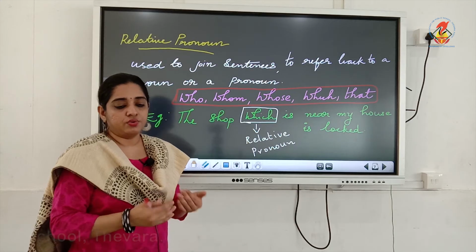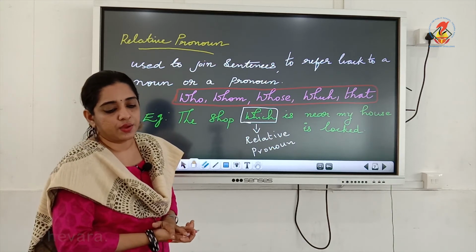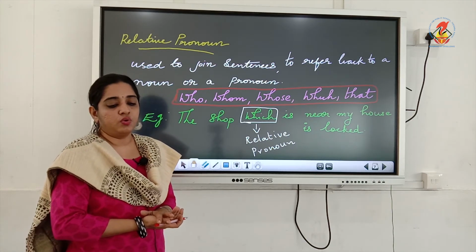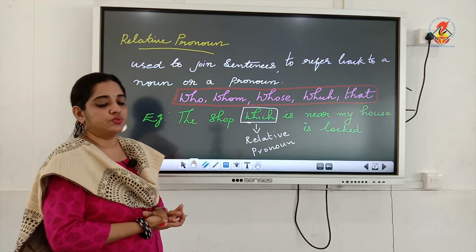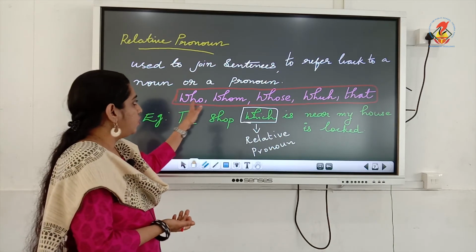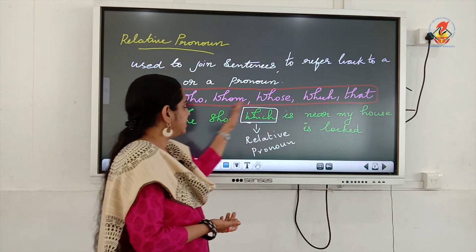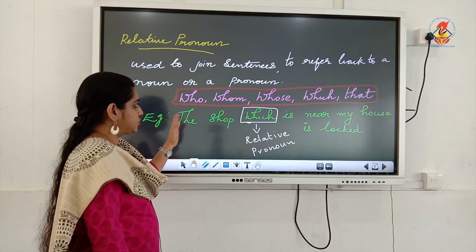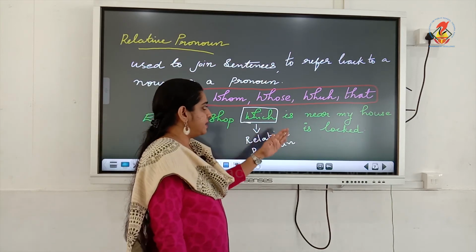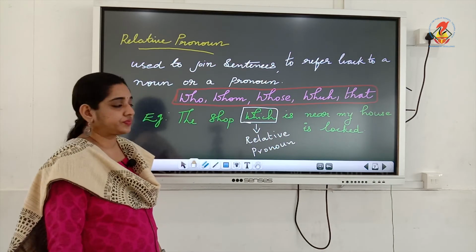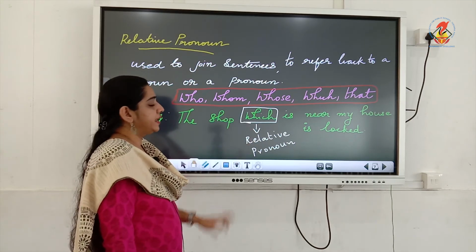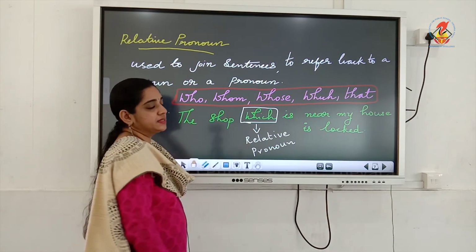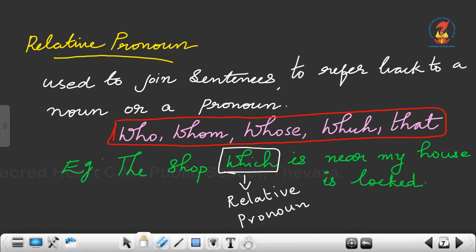So the words like who, whom, whose, which and that are used as relative pronouns. See the other example, the shop which is near my house is locked. So which is a relative pronoun because I am referring to the shop, is it? That is a relative pronoun.